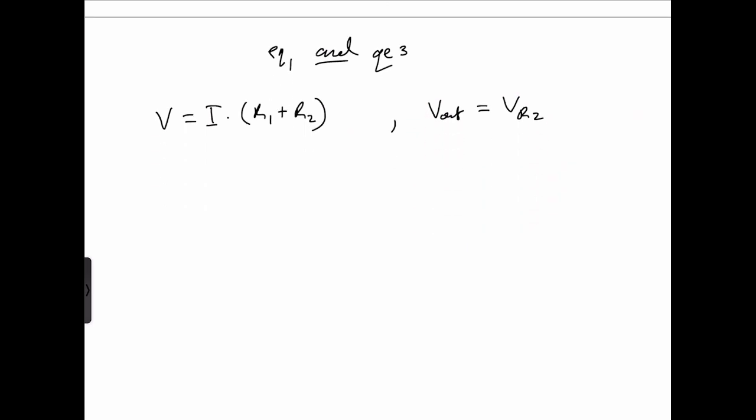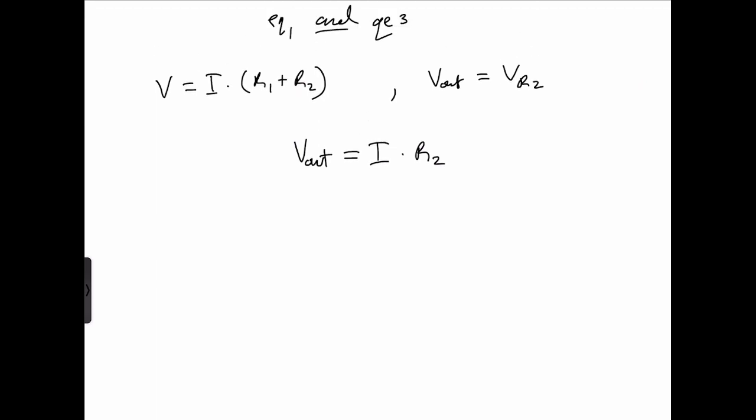So we need to find the voltage across R2, which is called V out. So V out is equal to I times the resistor R2. And if we manipulate this equation, I is equal to V divided by the resistance seen by the voltage source, which is R1 plus R2, and we multiply that by R2.